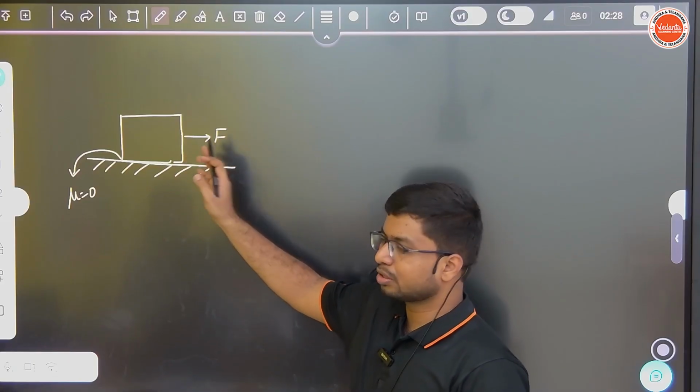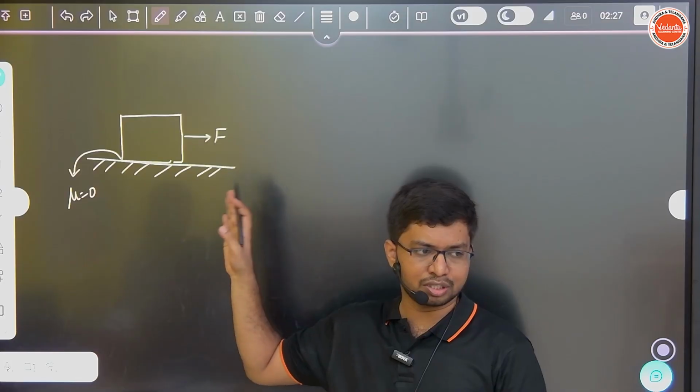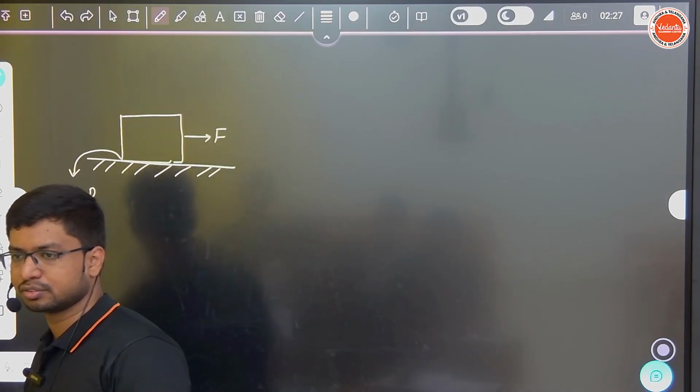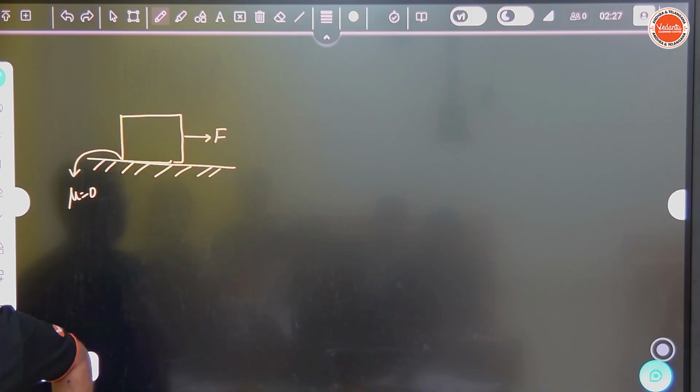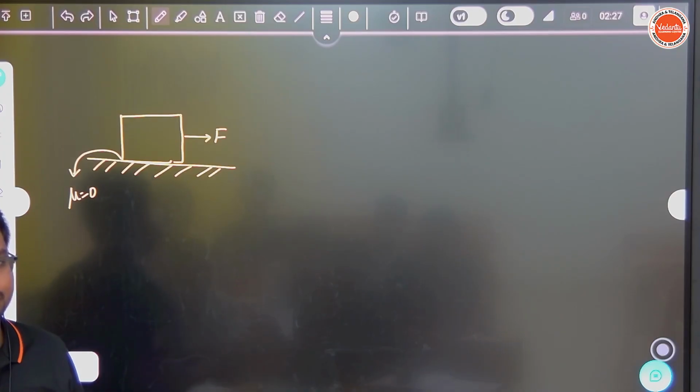Is the force doing work on this one or not? Yes, agreed. It is doing work on this body. Now, what is happening to the energy of the body? Changing. Changing means what? Be precise. Increasing or decreasing?